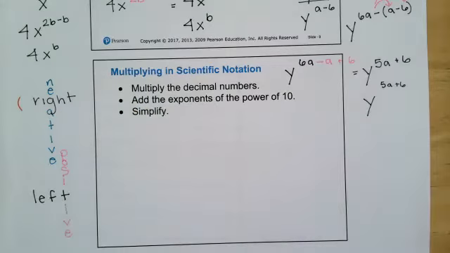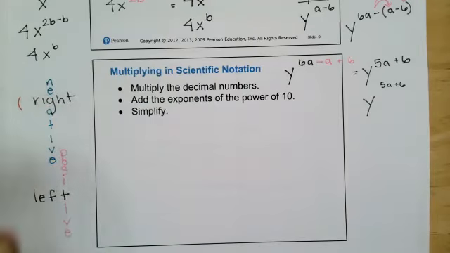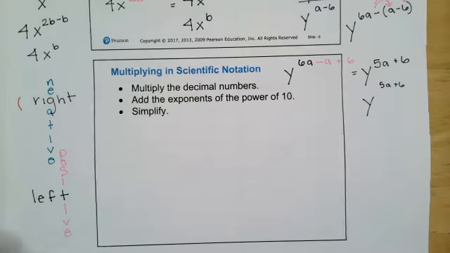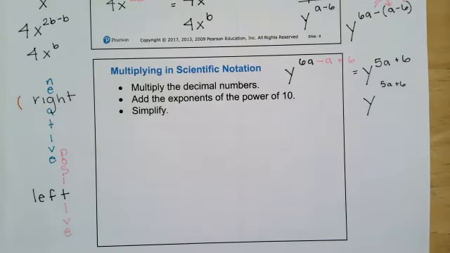Negative has a G, right has a G. Positive has a T, left has a T. Okay. So let me give you an example because I didn't provide any on this page.